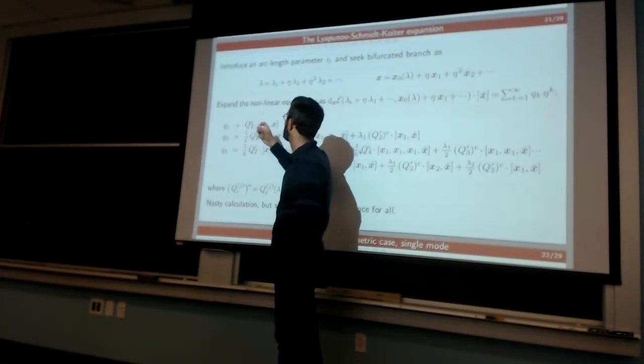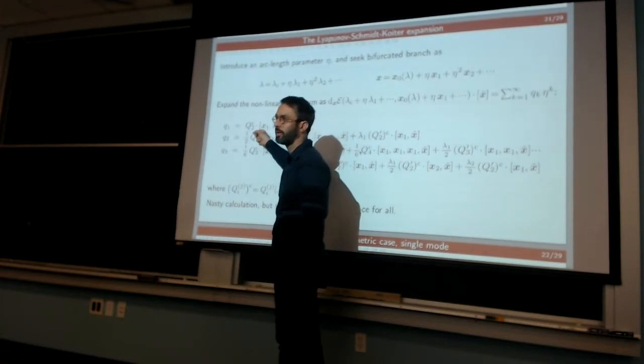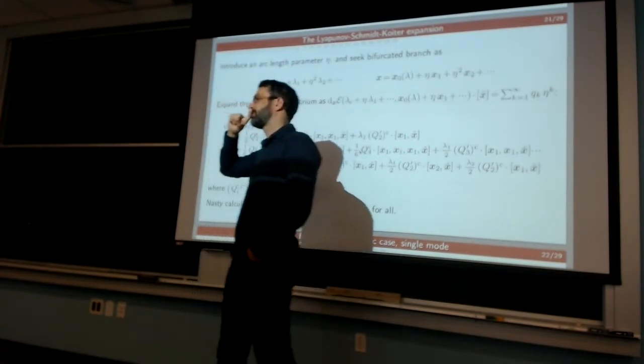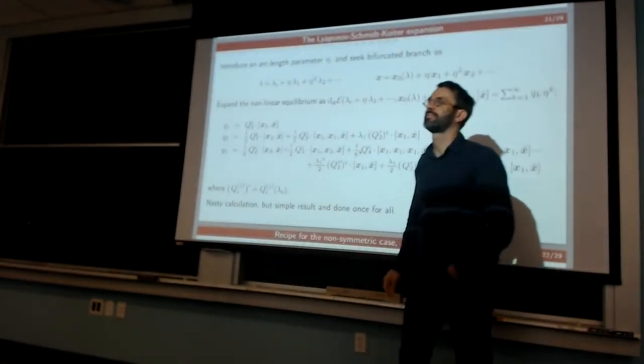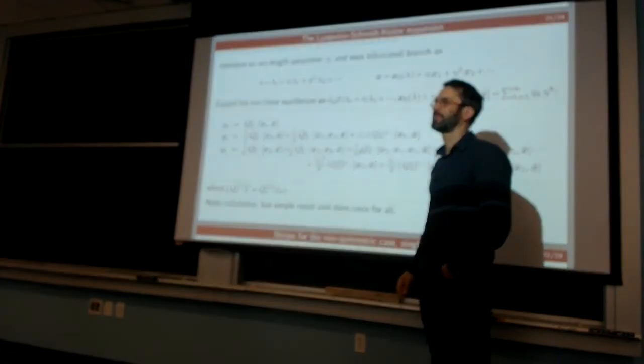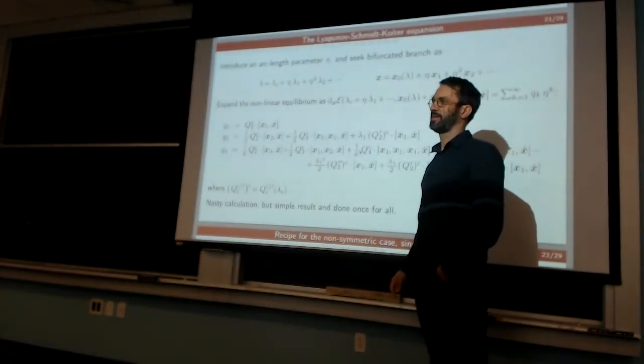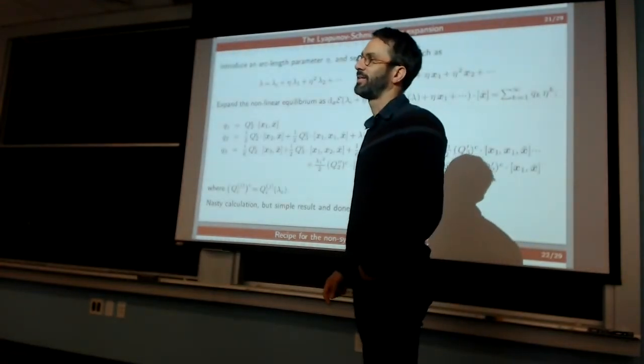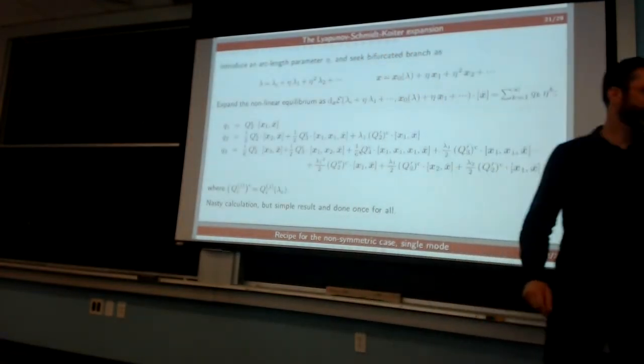So you can remove x1, x hat if you want. That's an equation for x1. How am I going to solve it? No idea? Let me give you a clue. We've seen that before. Remember what Q2 is?